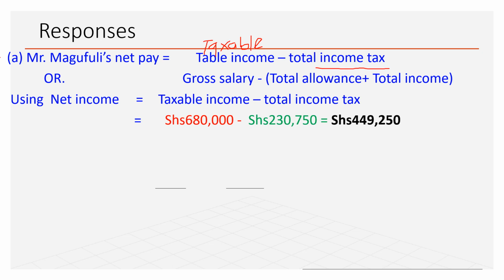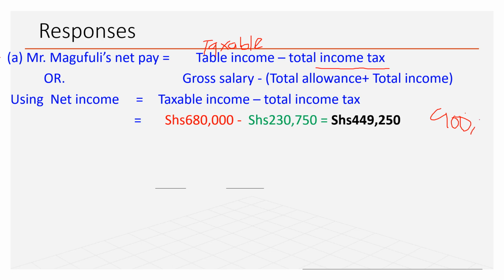So remember, we had the 900 at first, as per Magufuli's description of payment. He had a gross amount of 900,000.